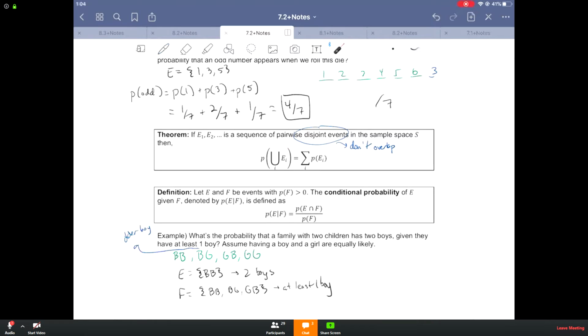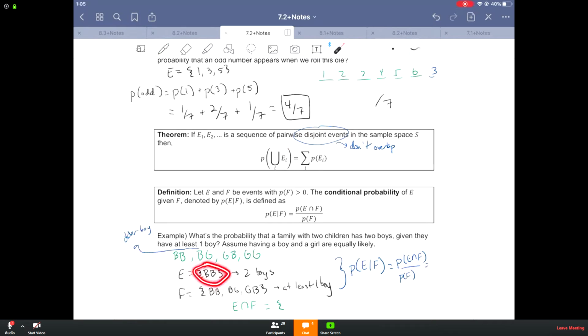Now I'm going to use this formula, and I kept E's and F's the same. The probability of E given F, the probability of getting 2 boys given you have at least 1, is the same as the probability of the intersection divided by the probability of the given. The intersection is what's in both.